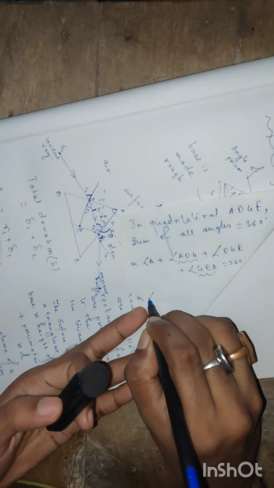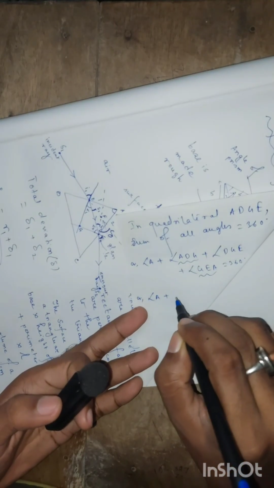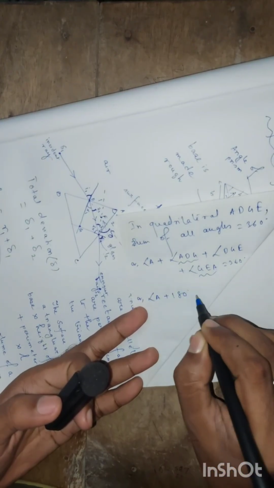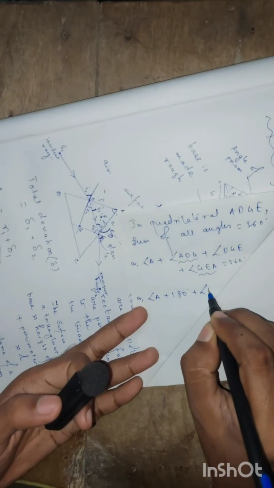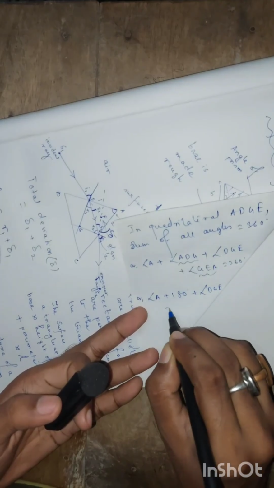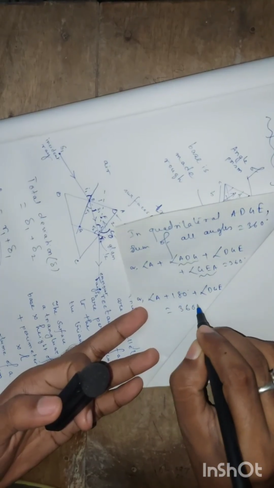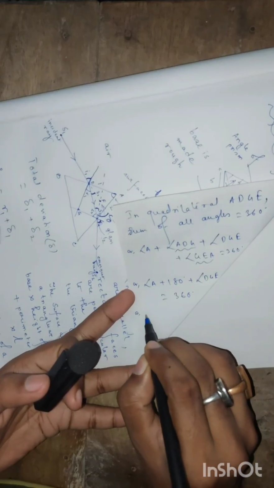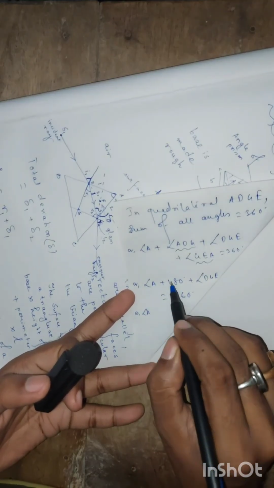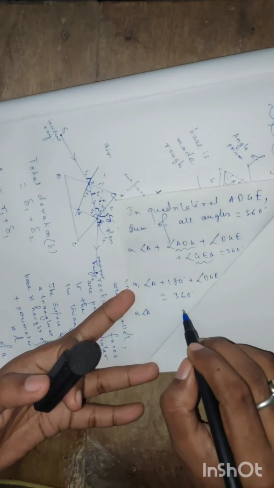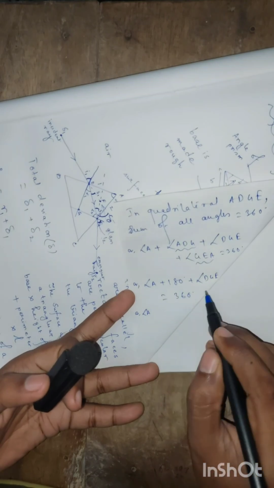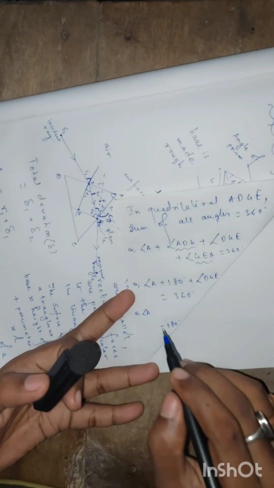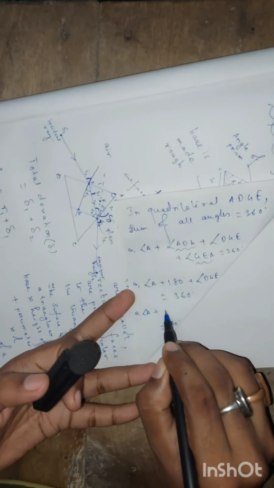So we can write angle A plus 90 degree plus 90 degree, that means 180 degree, plus DGE equal to 360 degree, or if we take 180 to the right side, 360 minus 180 gives us 180 degree. So angle A plus angle DGE equals 180 degree.